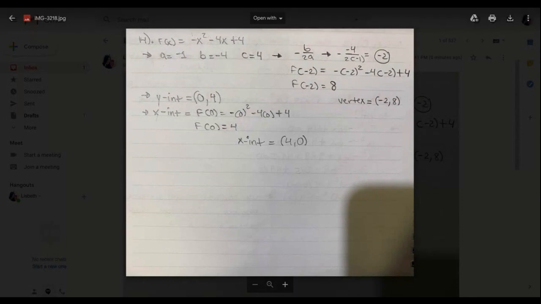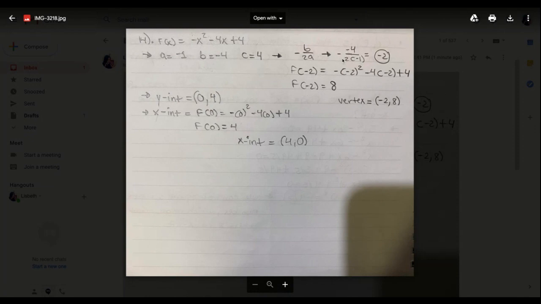Okay, so I was not able to do the graph, but I was able to do the process. For 14 we have the standard form, negative x squared minus 4x plus 4, and I found that a equals negative 1, b equals negative 4, and c equals 4. To get the vertex, I use this formula and substituted the numbers for b and a.